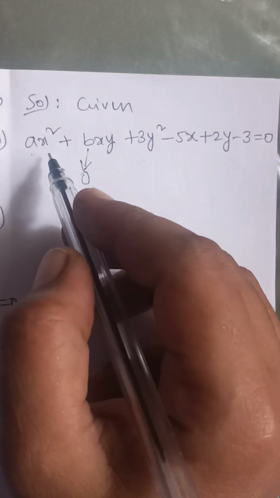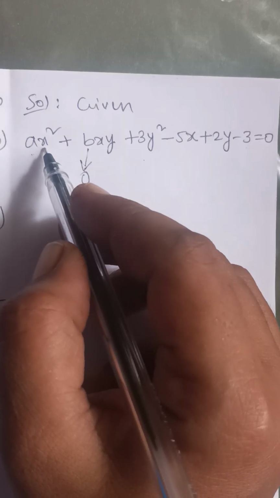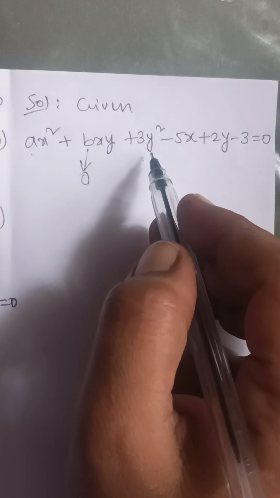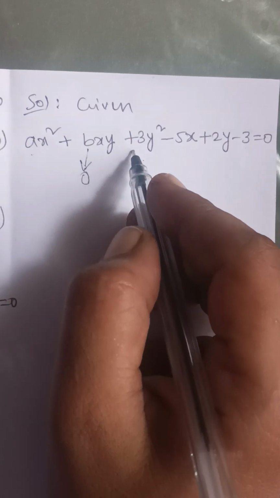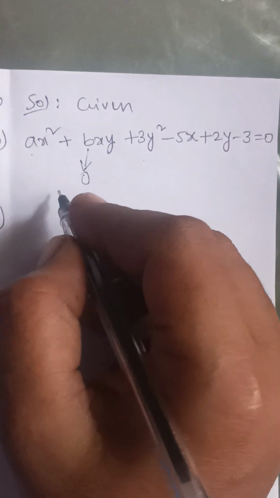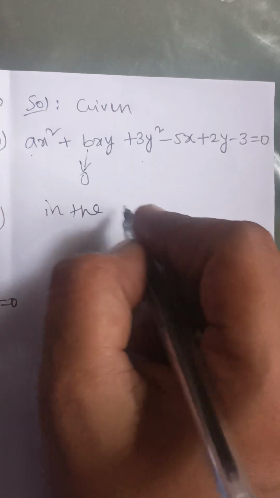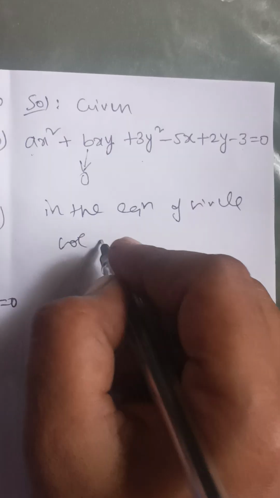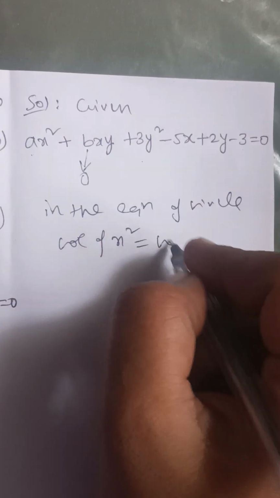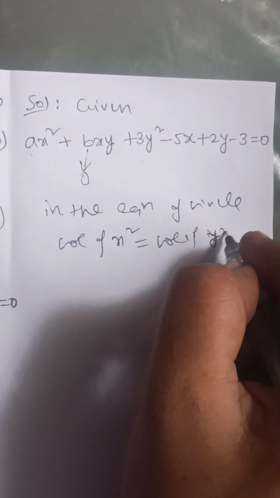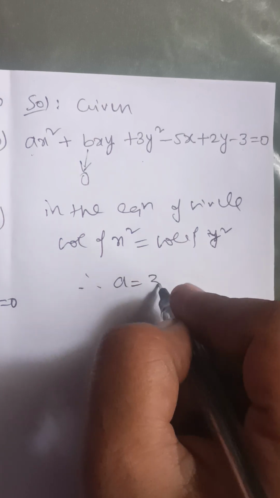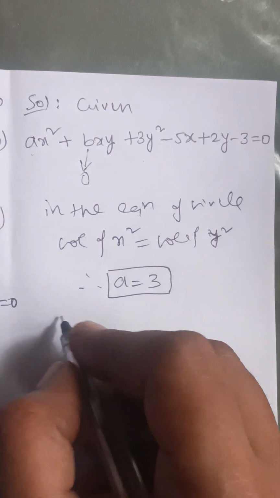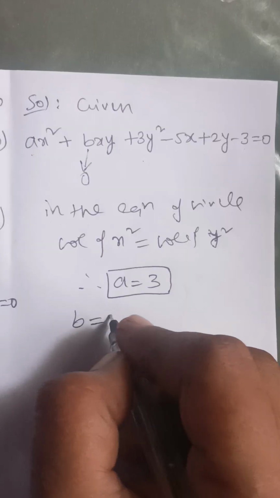In the circle equation, the coefficient of x square must be equal to the coefficient of y square. Therefore a equal to 3 and b equal to 0.